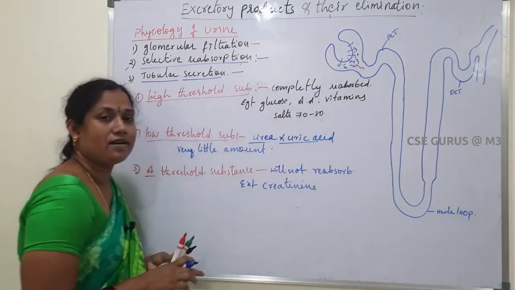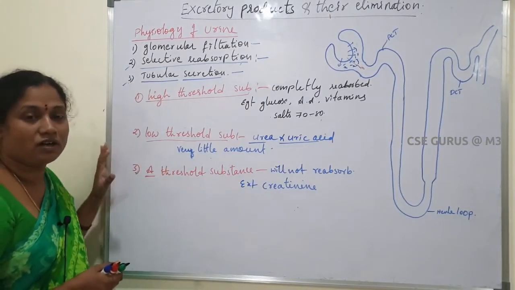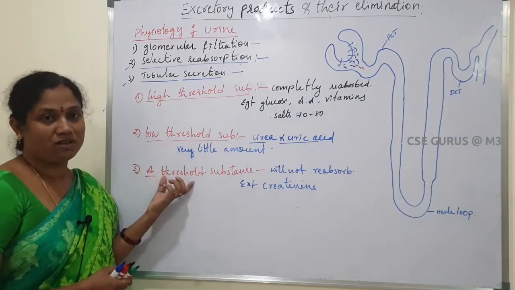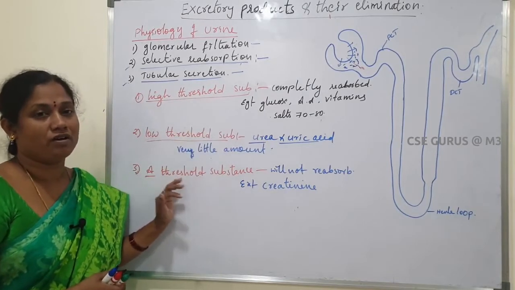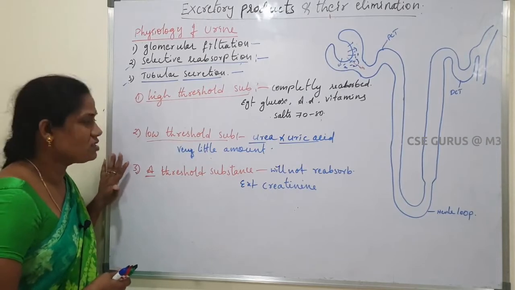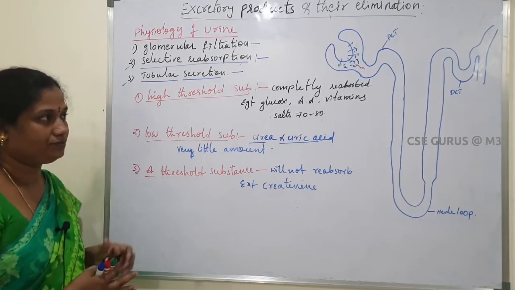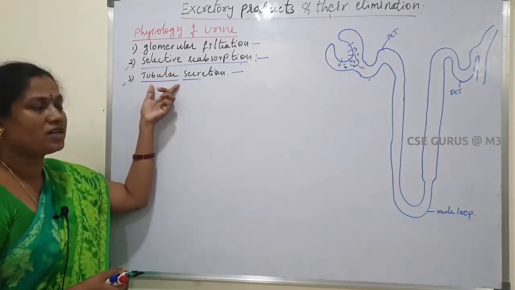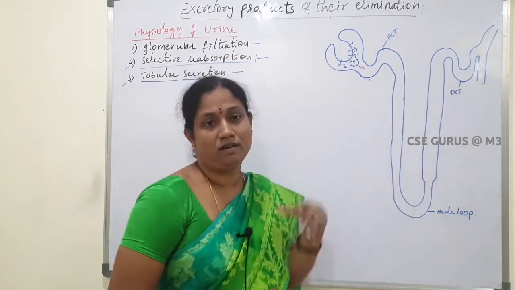Creatinine is an A threshold substance. Based on reabsorption, the substances present in the glomerular or nephric filtrate can be classified into these three groups: high threshold, low threshold, and A threshold substances. Next we will see selective reabsorption and tubular secretion simultaneously in each part of the renal tubule.